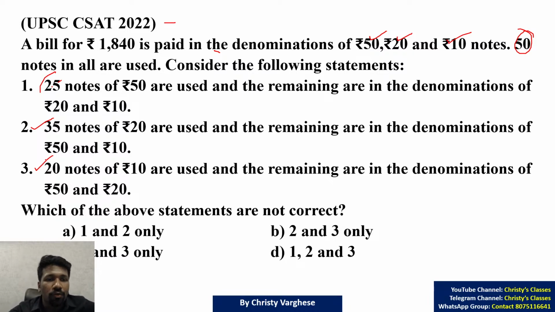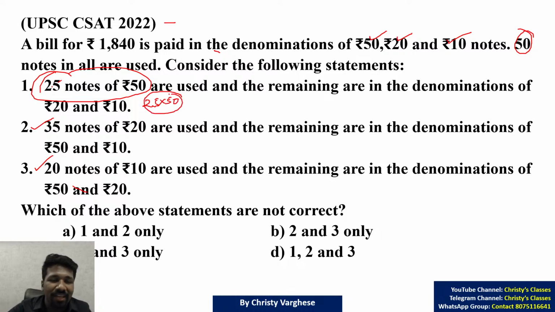First statement, 25 notes of 50 rupees. As I told you, think practically: you are in the shop and you are about to pay 1840 rupees. 25 notes of 50 rupee means 25 into 50.